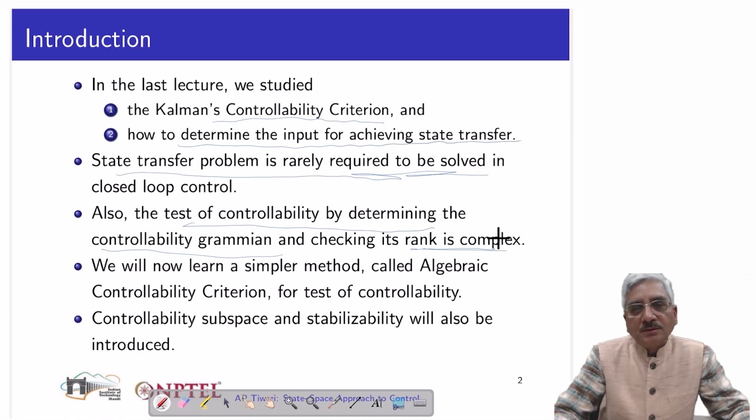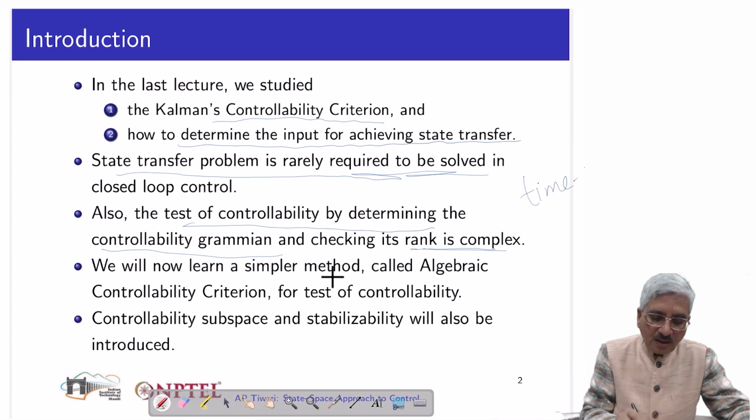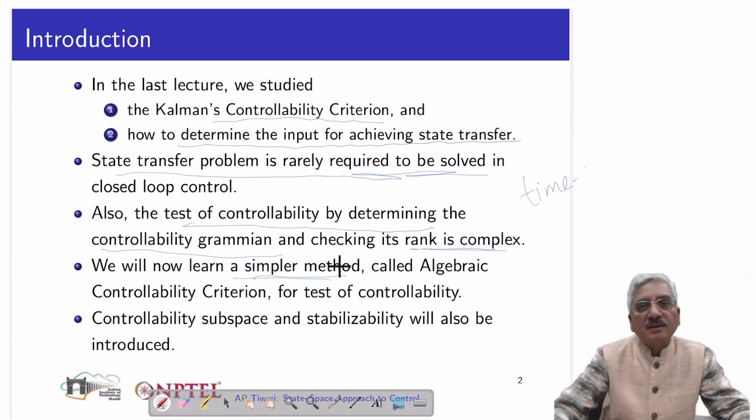That kind of complexity may be justified in case of time varying situations. For time varying mathematical models, that effort is justified. But in case of linear time invariant systems, that much effort is not justified, and we have alternate simpler methods for testing controllability.